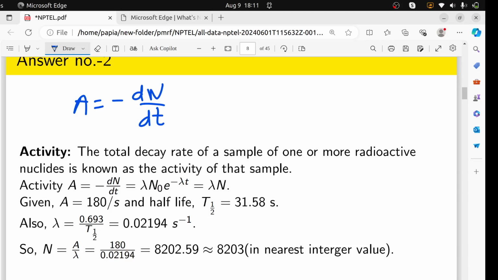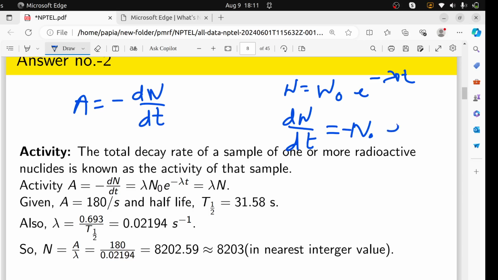So now, as I told you, the parent expression for the radioactivity chapter is N equals N0 e to the power minus lambda t. As this is the parent expression, if I want to calculate dN/dt, then what will happen? dN/dt will be simply N0, which is a constant, then minus e to the power minus lambda t, and then a lambda will come.